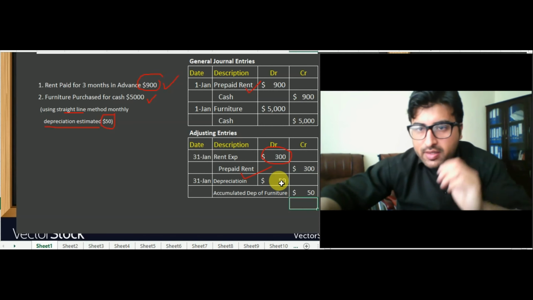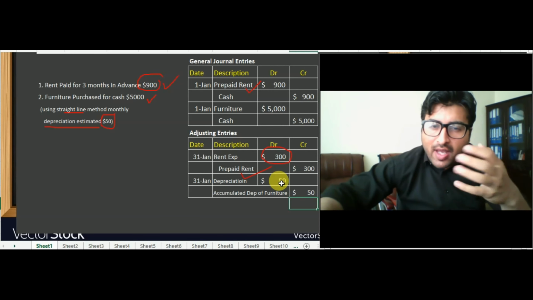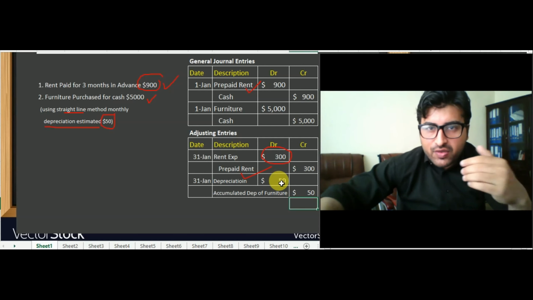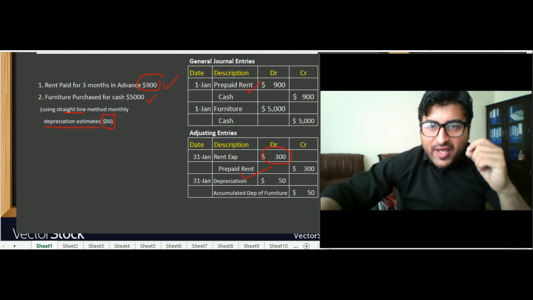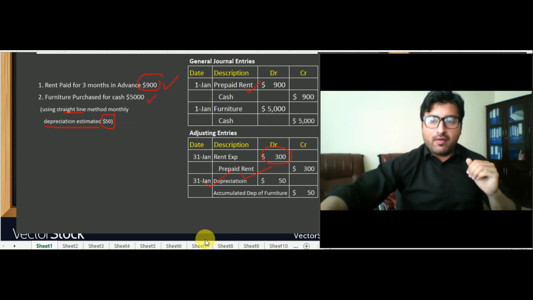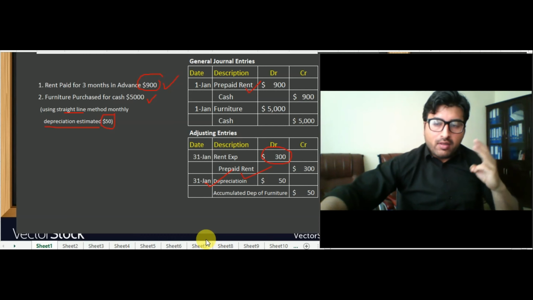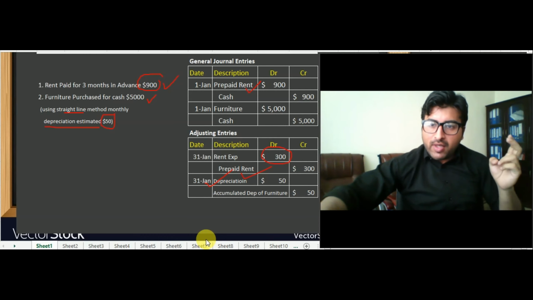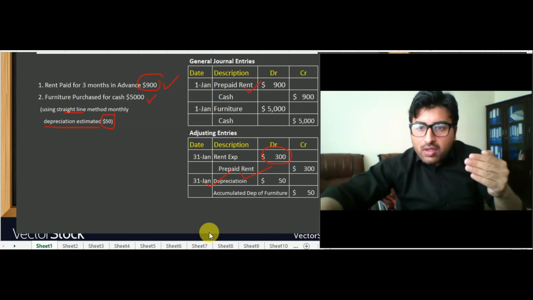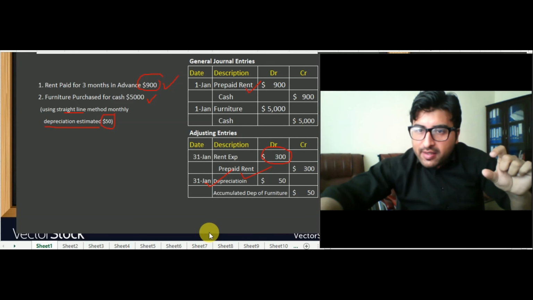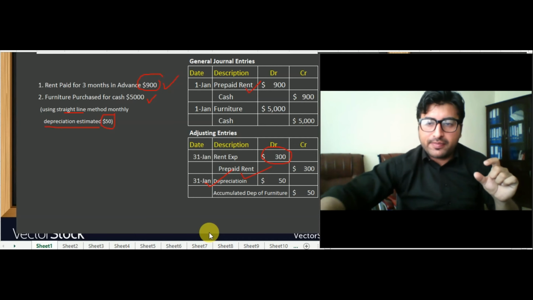Dear students, try not to be confused. Why are we recording this transaction a little bit differently? For a fixed asset, we always debit depreciation. If you have buildings, equipment, computers, machines, or whatever, when they are used, we say the depreciation account is debited.